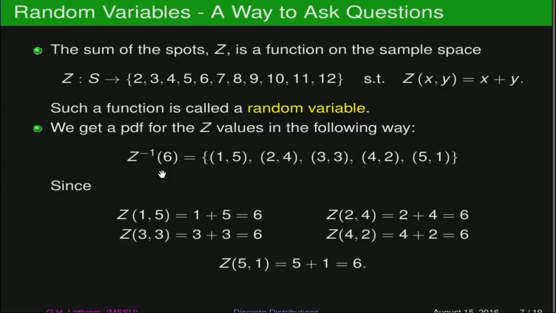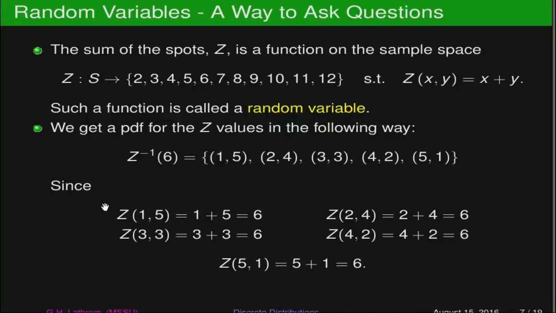Well, we'll look at something called the preimage of 6. The preimage of 6 under this function Z is going to be the set of elements in our sample space that get carried to 6 when we apply Z. And now we don't necessarily know how to find the probability of 6, but we do have the probability for each one of these ordered pairs.